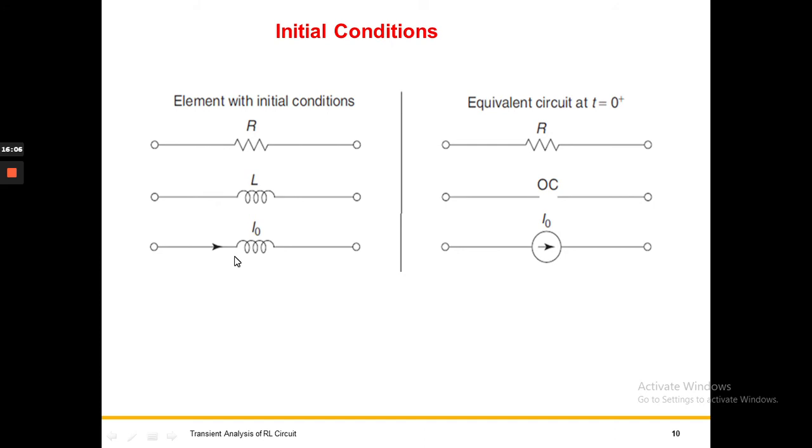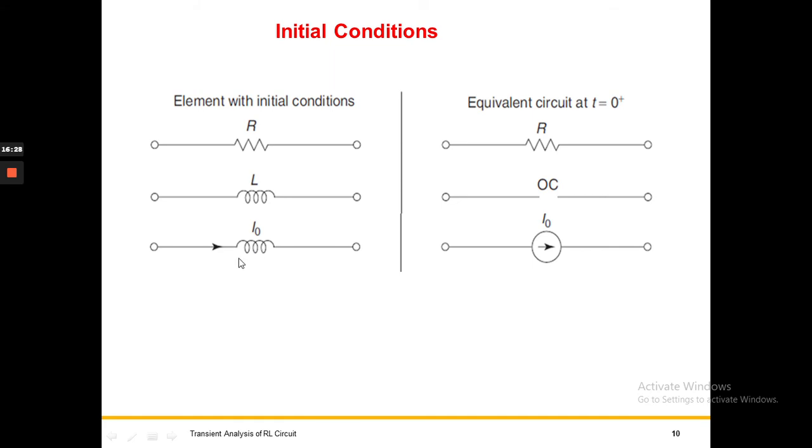Similarly, if there is an initial current through the inductor before there is a change in the circuit, that is, it is initially charged, then the current through the inductor cannot die down to zero. Okay, so it will take some time. The basic property of the inductor is that it will always oppose a sudden change in current.